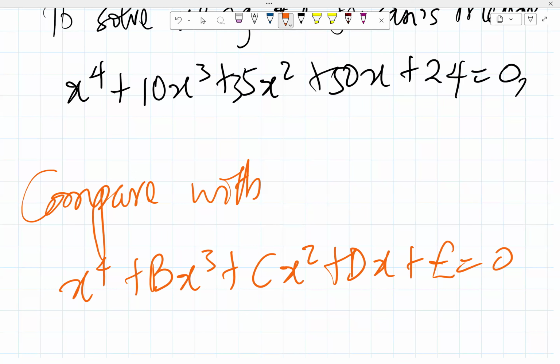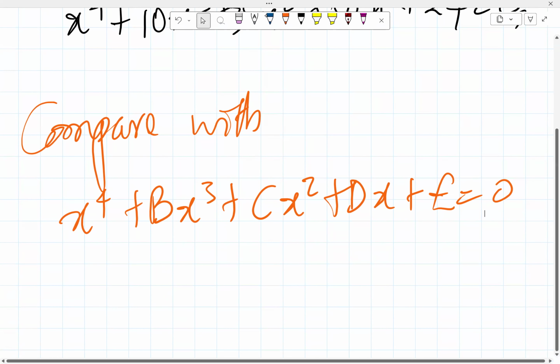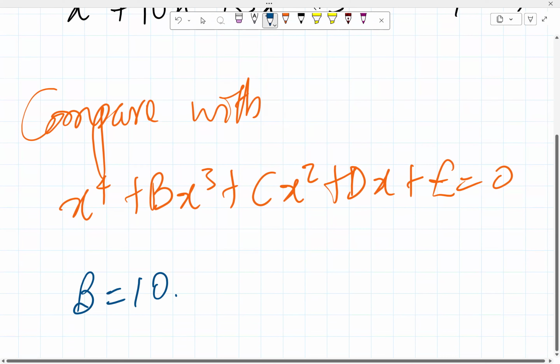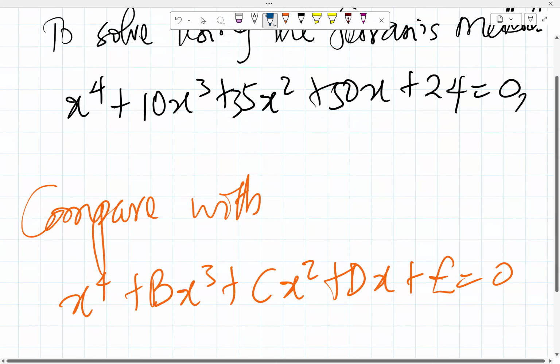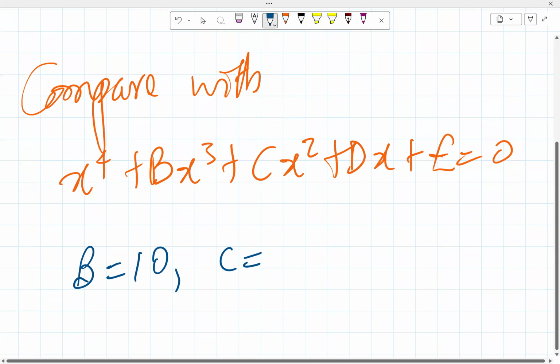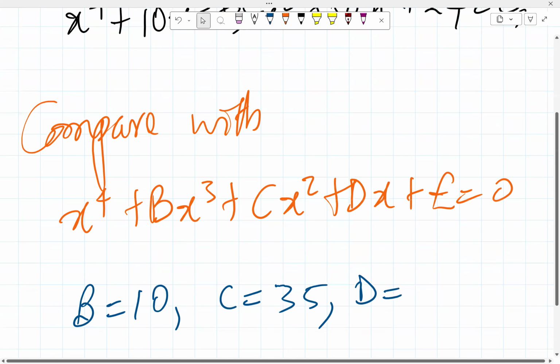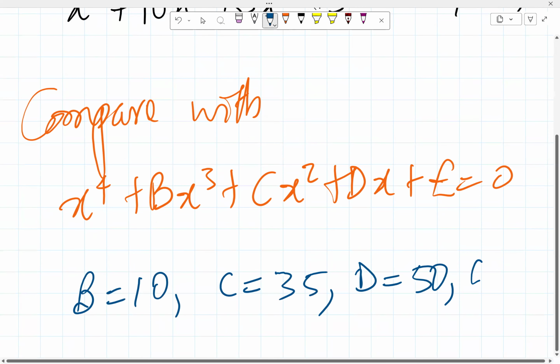Since we have that, B is 10, C is 35, D is 50, and E is 24. At least we know all this.